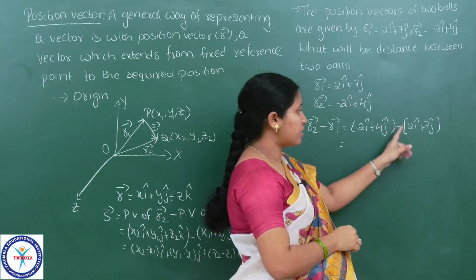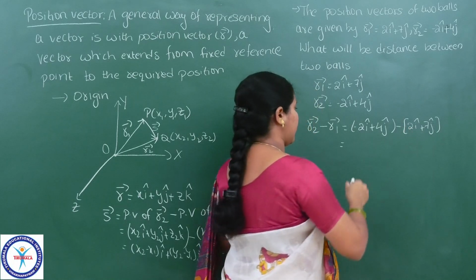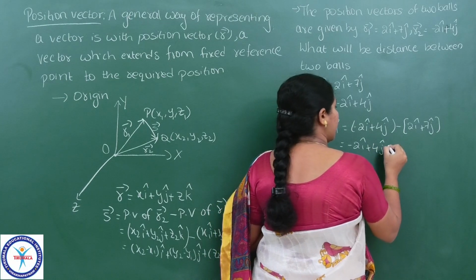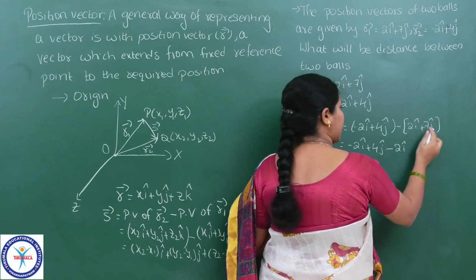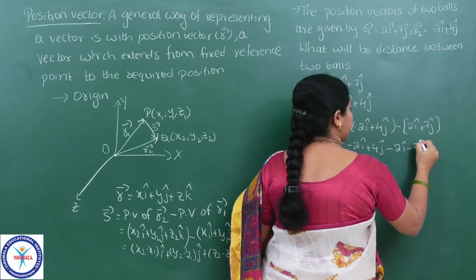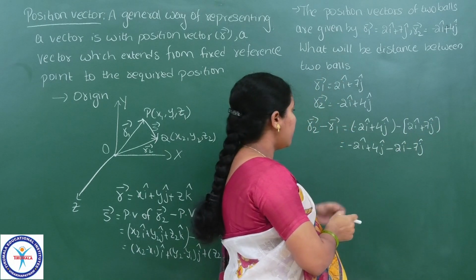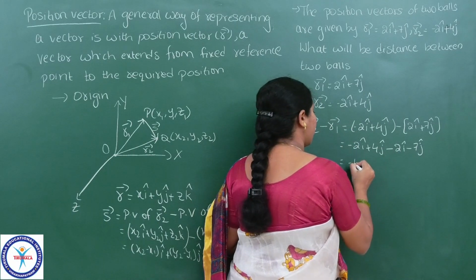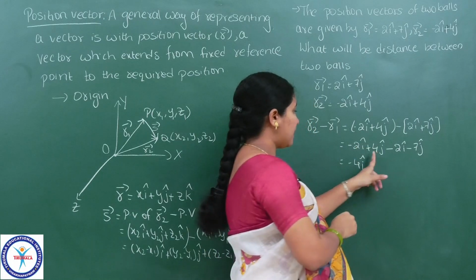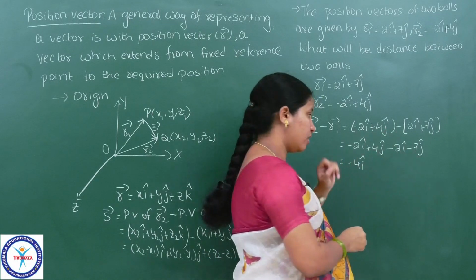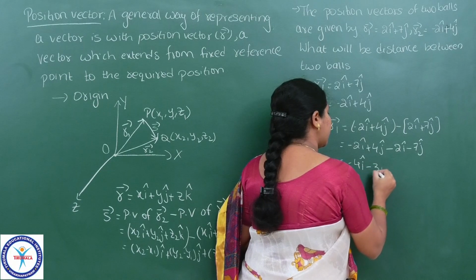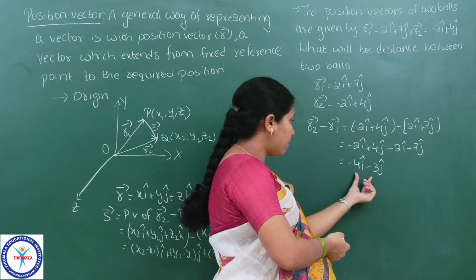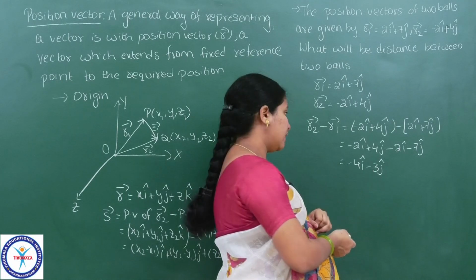Now, distribute minus to the terms present inside the bracket. So, minus 2i cap plus 4j cap minus 2i cap minus 7j cap. Now, minus 2i cap minus 2i cap gives us minus 4i cap, and 4j minus 7j gives us minus 3j cap. So, r2 bar minus r1 bar is given by minus 4i cap minus 3j cap.